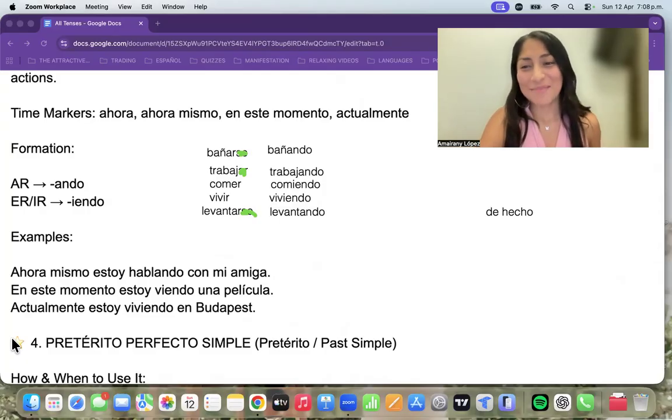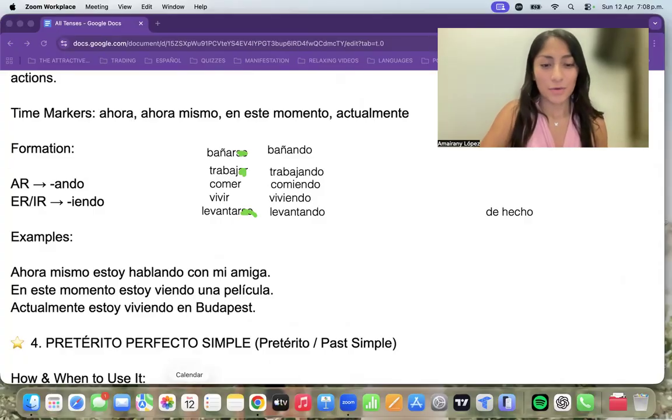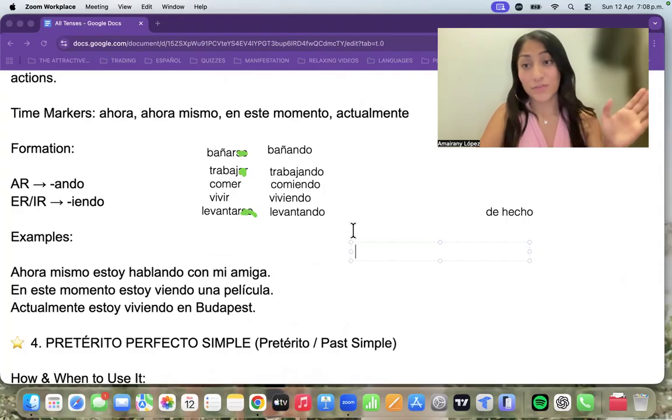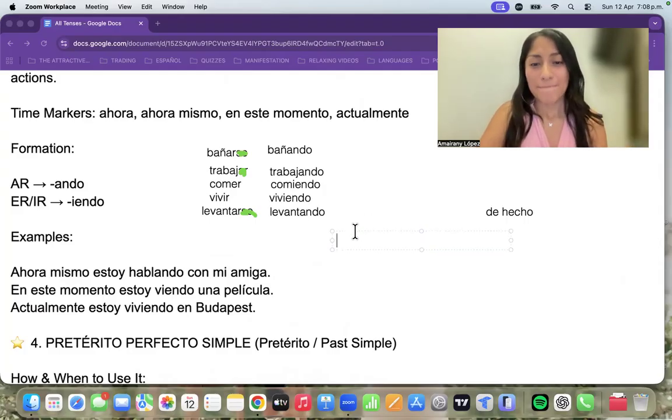Okay? So I'm going to challenge you now to create 3 sentences with the -ing, okay? So, for example, I'm going to use a couple of reflexive verbs, and I'm also going to use regular verbs as well.